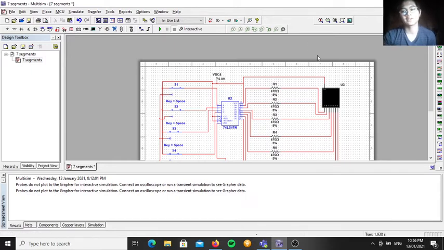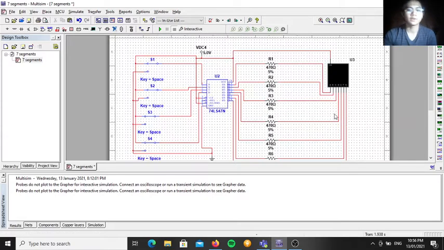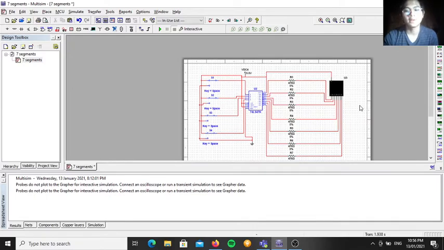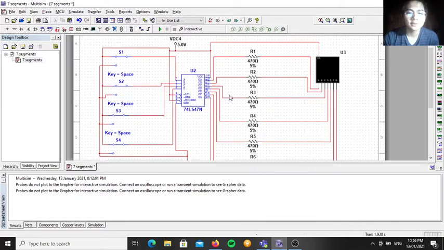So let's start. This is my work in Multisim 14.1. As you can see, this is my IC 74LS47N, which is connected to our VCC of 5.0 volts.